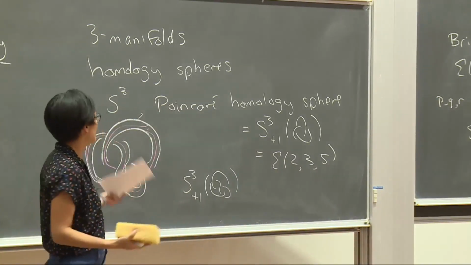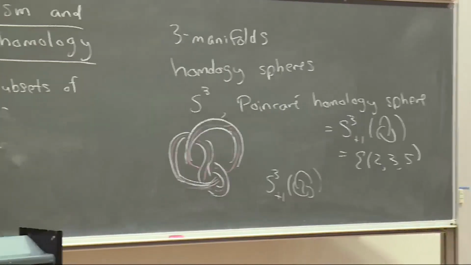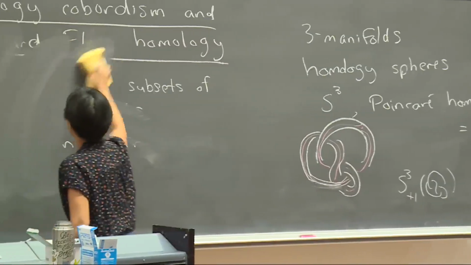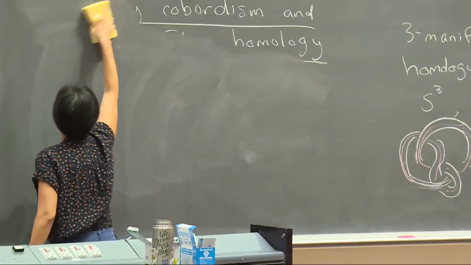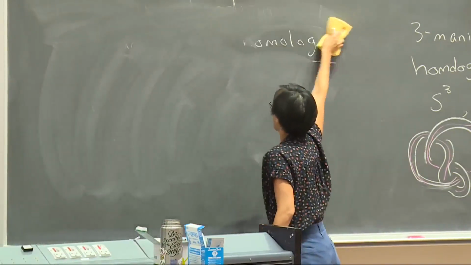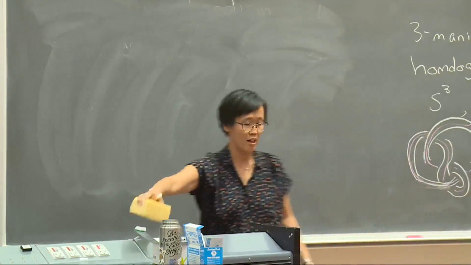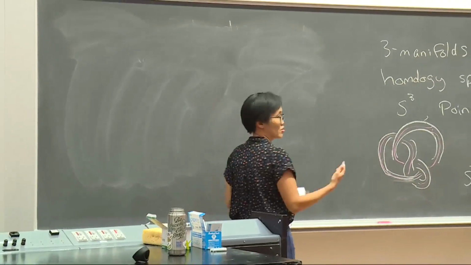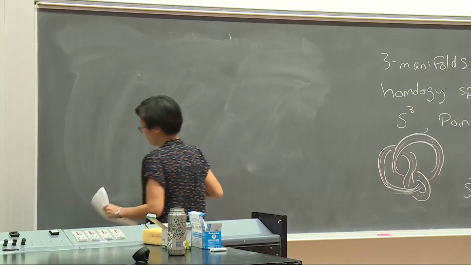Well, you can take the connected sum of any of these, and you'll still get a homology sphere. So if we look at the set of homology spheres under the operation of connected sum, we get a monoid, right? We're studying manifolds up to homeomorphism. If you connect sum with S^3, that doesn't change your manifold.